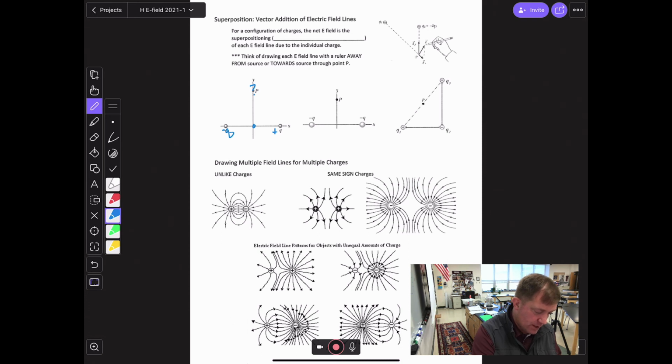So for example, this negative charge, if it was by itself, would have arrows pointing inward, and this positive would have arrows pointing outward. But do you see what happens? The tail of this vector and the head of this vector are crossing. So instead of crossing, they tend to bend or connect. So in this case, they would bend together.